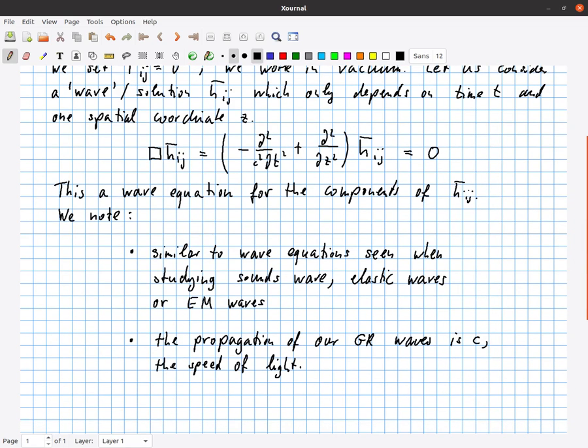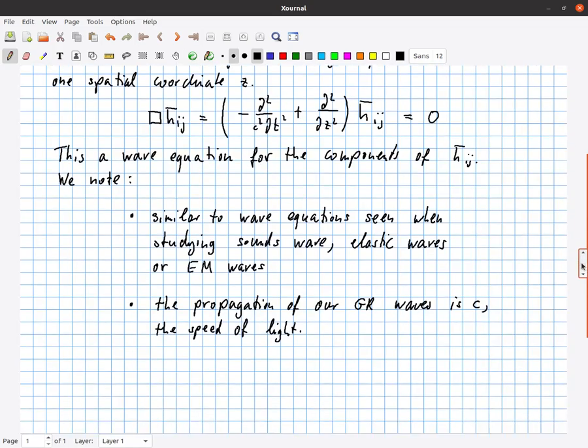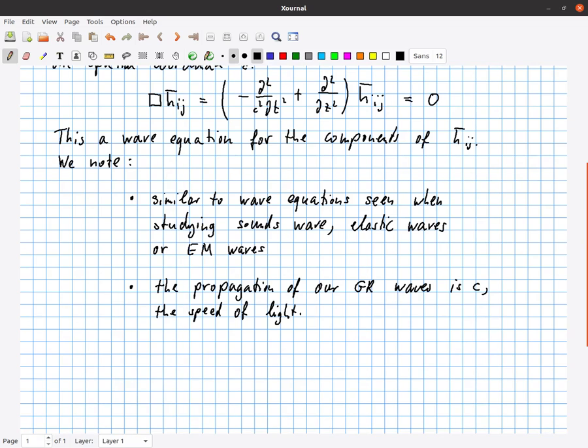How do we solve an equation of this type? The easiest thing to do is write down an ansatz. This ansatz is a wave ansatz which is tensor valued.